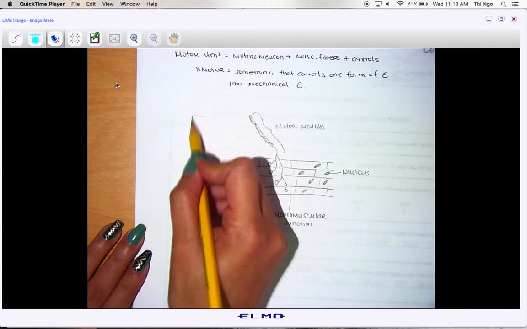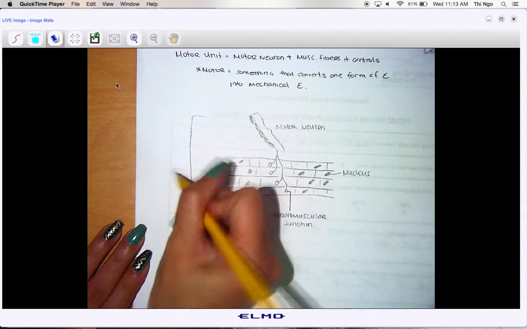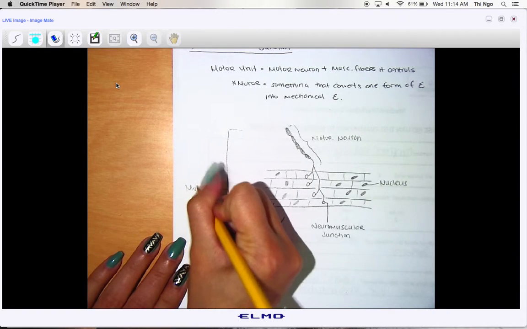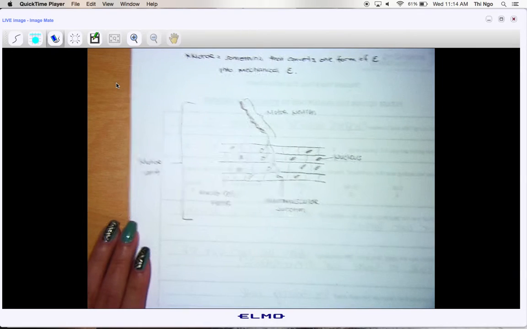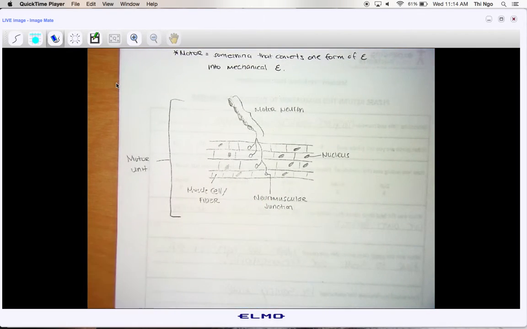So something to note is this whole thing, the motor neuron plus the muscle fibers, is known as the motor unit. And Monday, what we're going to do is we're going to zoom in on the neuromuscular junction.